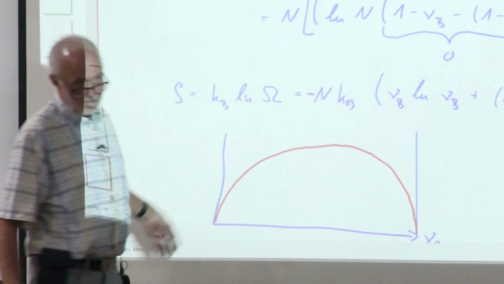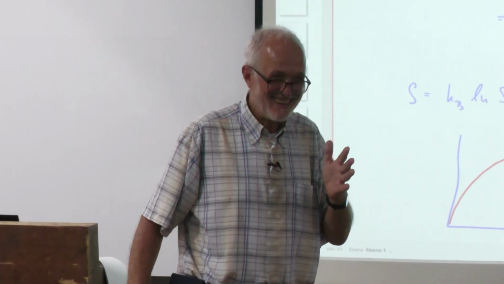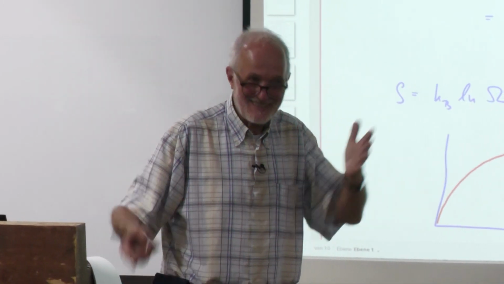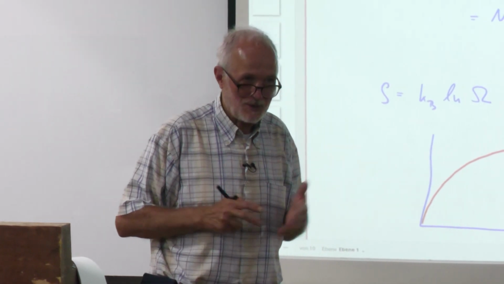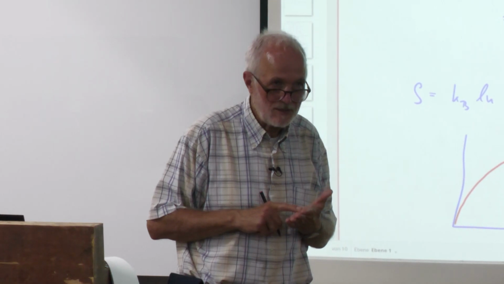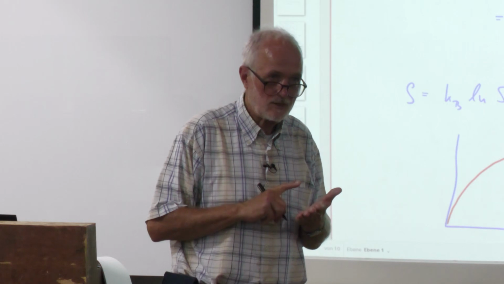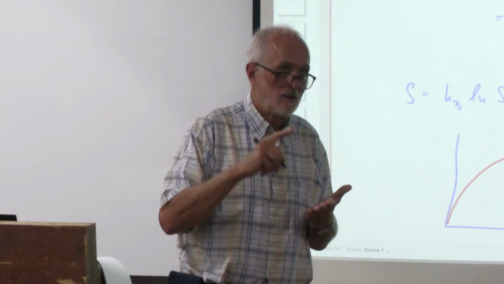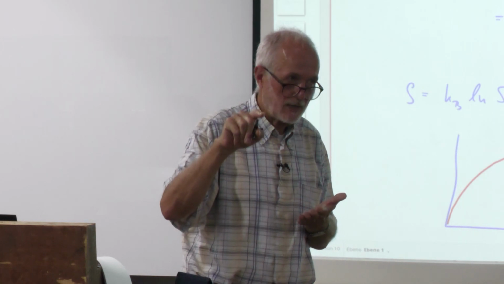But vacancies do exist, right? This is what I wanted to say. That's the next, in quotation marks, impurity. You can play the same game for vacancies, and you end up with a relation that the concentration of vacancies follows a law exponential minus the formation energy of a vacancy over kT.